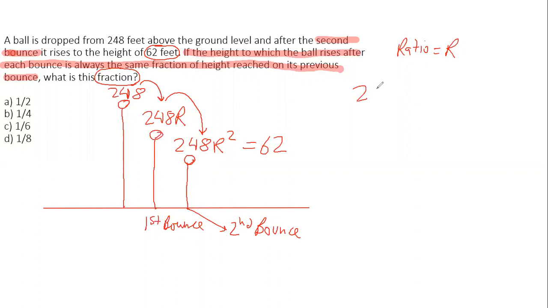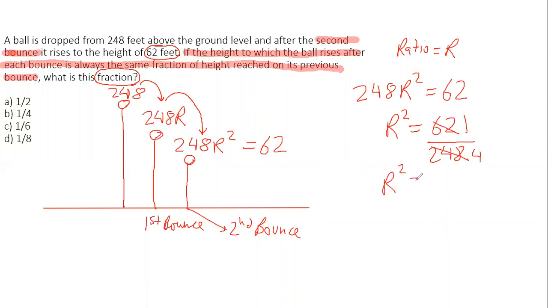Now I got an equation: 248R square is equal to 62. So R square will come out to be 62 over 248. That goes 4 times, so 1 by 4. So R square is 1 by 4. R will come out to be the square root of 1 by 4, which is nothing but 1 by 2. So the value of that constant ratio is 1 by 2.